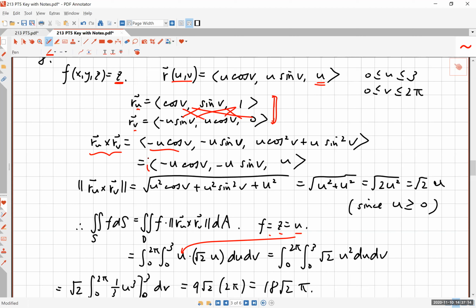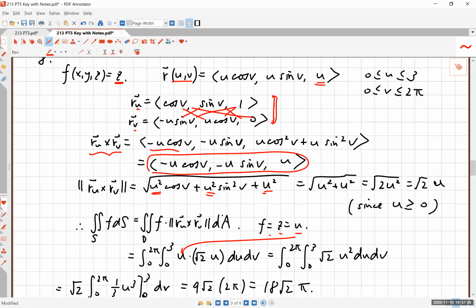And the cross product will be this slightly complicated expression. You take the square root of the sum of the squares of each term, which looks like this. And notice here, u squared can be factored from all of these.